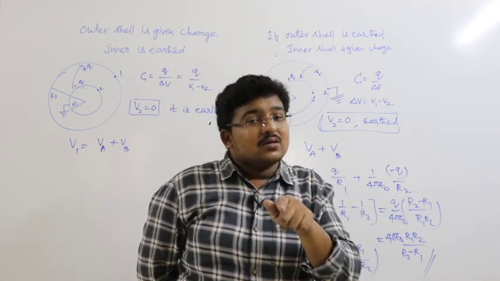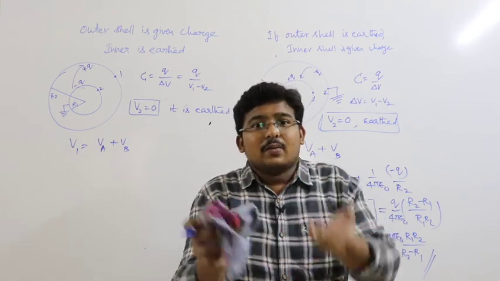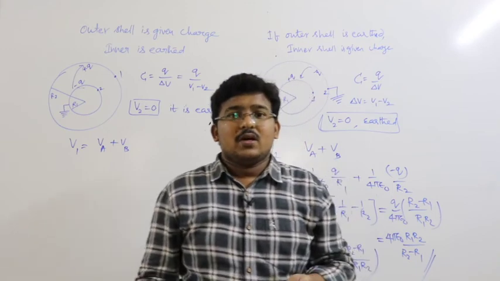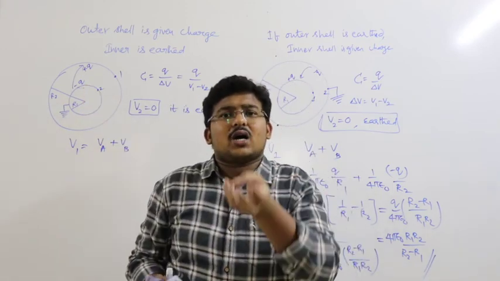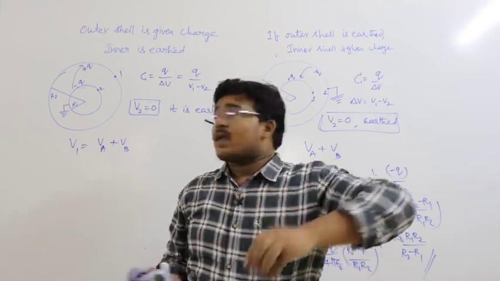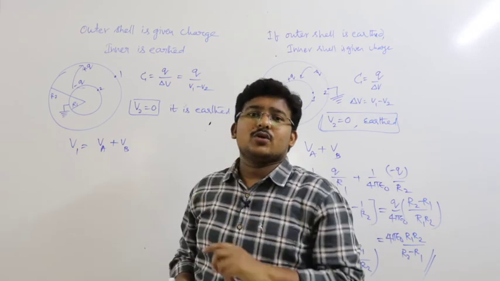Now we earthed. Because of earth, what will earth do? Earth will always want to make the potential of the surface 0. Means here minus q is already there, so it will try to give some charge so that it will nullify the potential to 0.